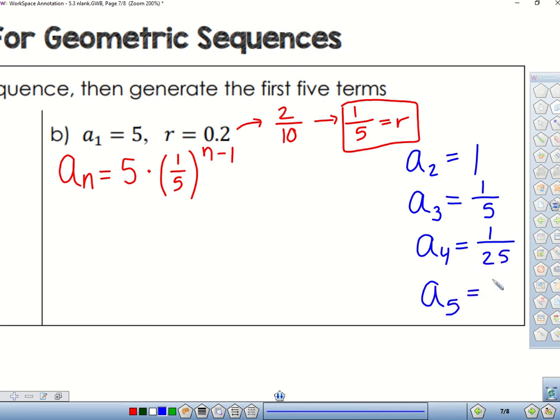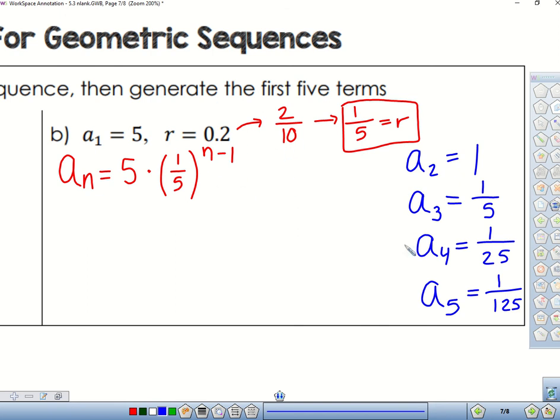And 1/25 divided by 5 is 1/125. So as you can see, the numbers get really, really small. You could have done this with the decimal as well, and it would still work. You would just be multiplying 5 by 0.2 each time, and you'd get smaller and smaller decimals.